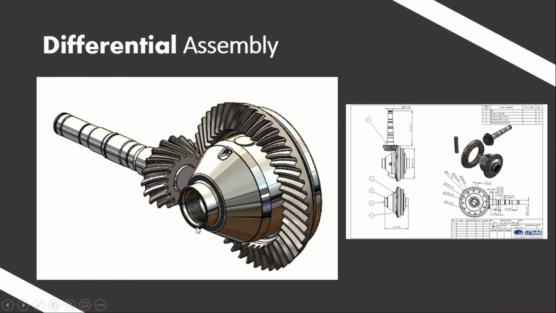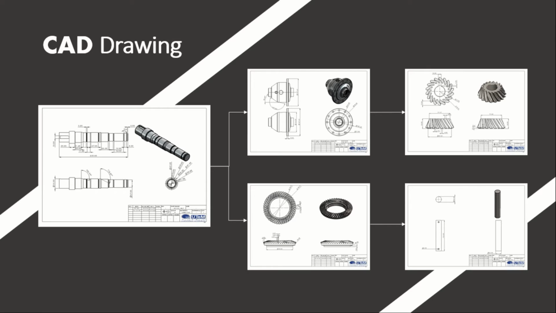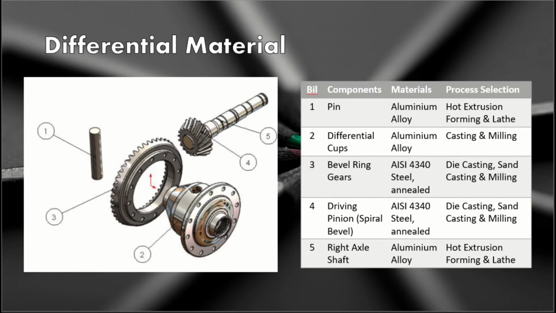We selected the parts from the original design and drew them in SolidWorks, separated into the axial shaft, bevel ring gear, bevel gear, and also the axle housing. This is a CAD drawing of those parts that have been hand drawn, and overall we have 5 parts.